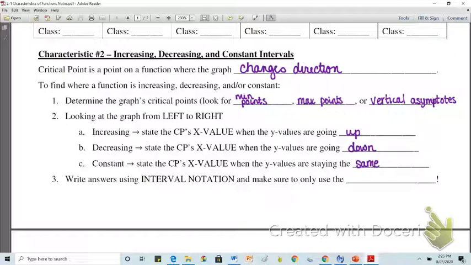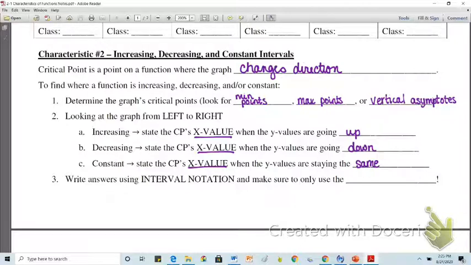The main thing we need to look at is I only care about the x value where this is happening. I don't care how far up or how far down it goes on the y value. I am only looking at the x value when I write increasing, decreasing, or constant. And I'm going to write this in interval notation.